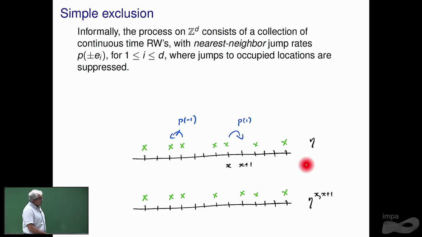So in one dimension, this is just a list of zeros and ones. Infinitesimally, a particle could move over, and so this configuration would update to this one, where this particle has moved over here. So infinitesimally, that's what's going on.